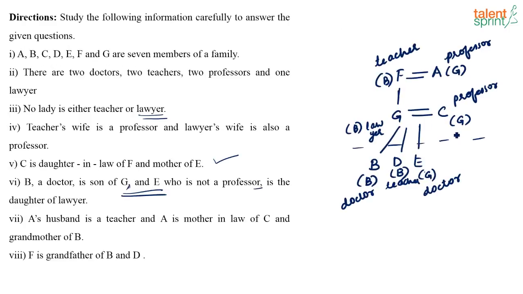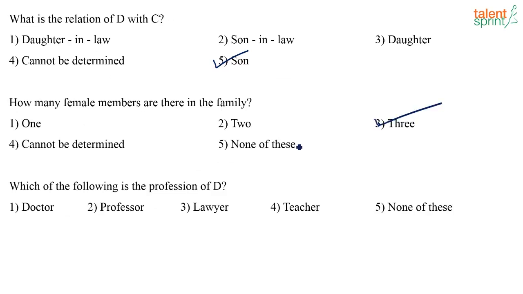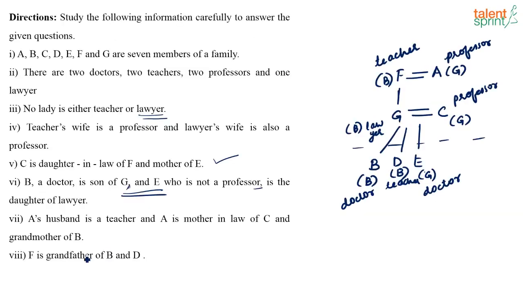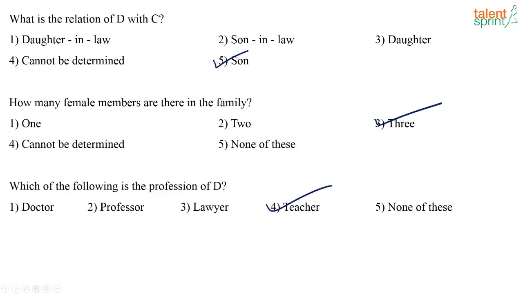Female 1, 2, 3. 3 female members are there, 3 male members are there. So 3. Which of the following is the profession of D? So what did we find out? D is a teacher. Option 4. So these are the answers. Last one answer is teacher.